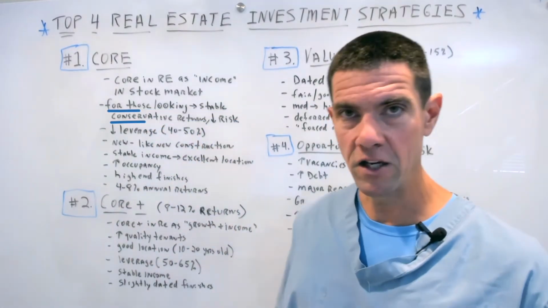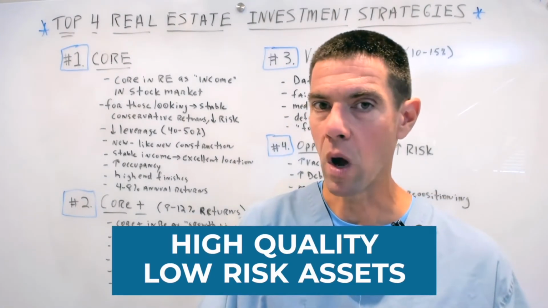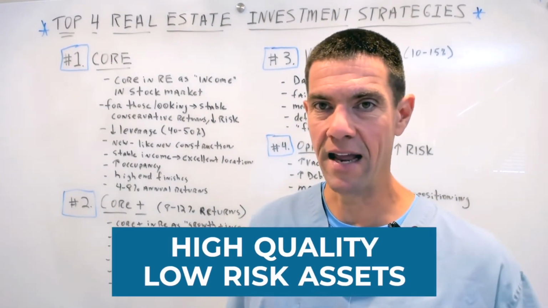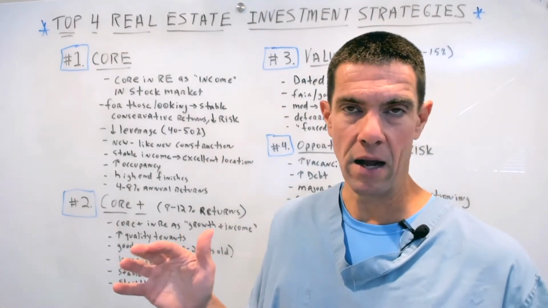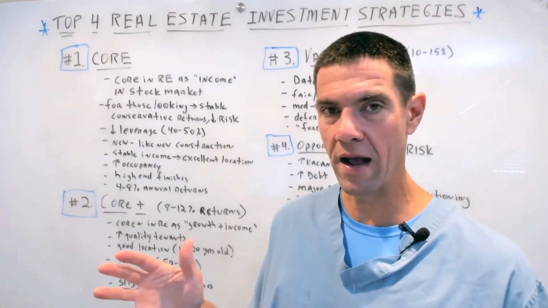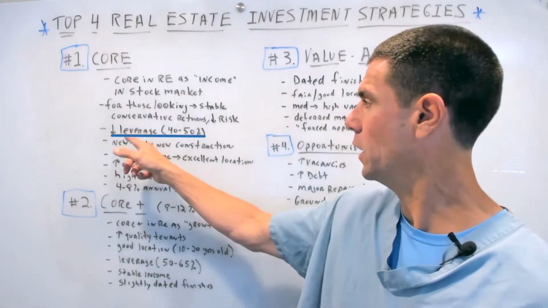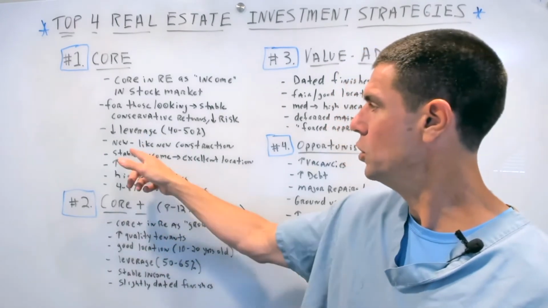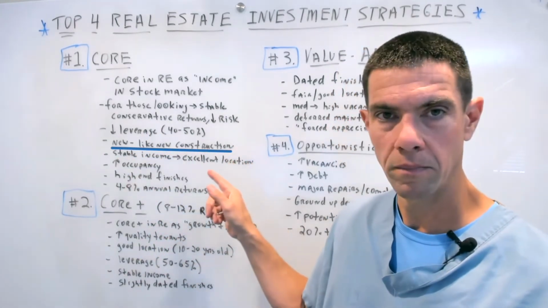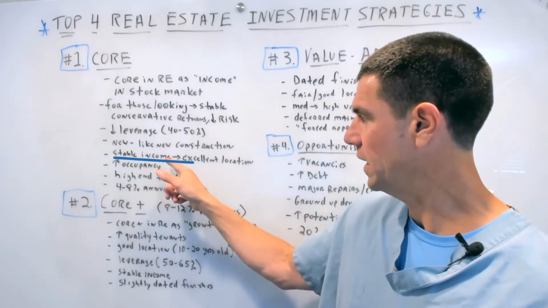All right. So these properties are high quality, low risk assets, and typically they offer the most stable cash flows available. Now, a typical core investment is characterized by having low amount of leverage, around 40 to 50%, new or light new construction. Again, stable income.